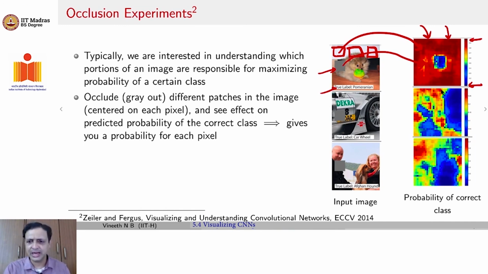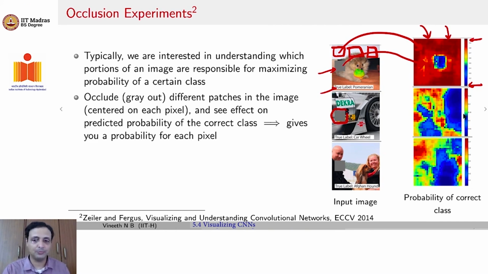Similarly, in the second image, the true label is car wheel, and as you keep using this gray patch all over the image, the probability drops to the lowest when the wheel is actually covered.